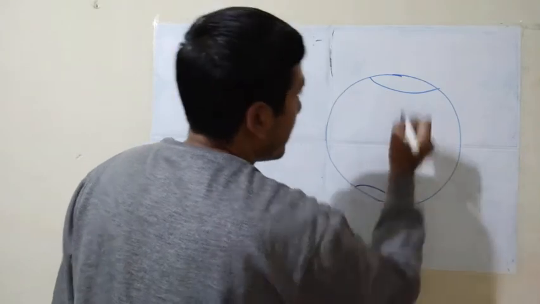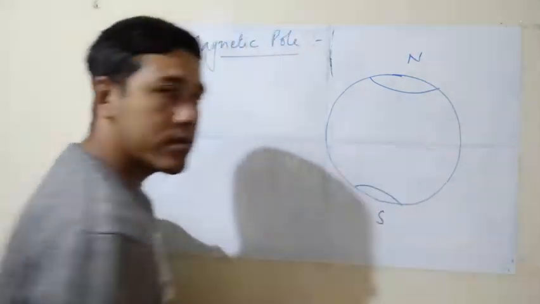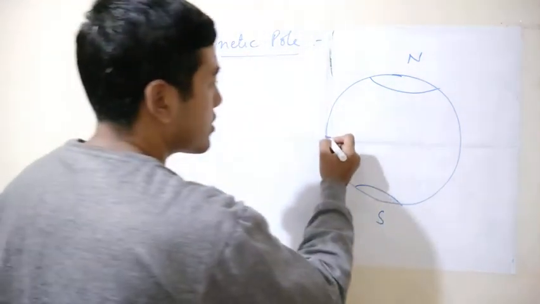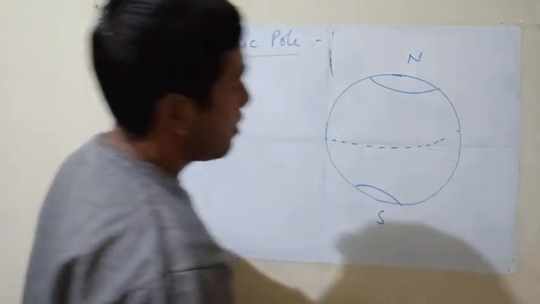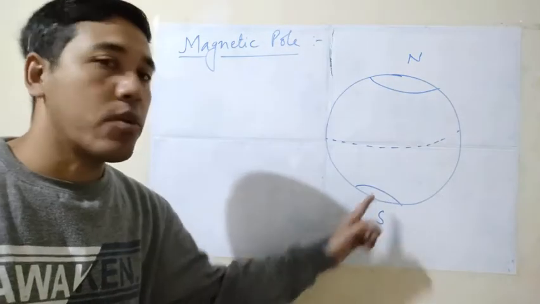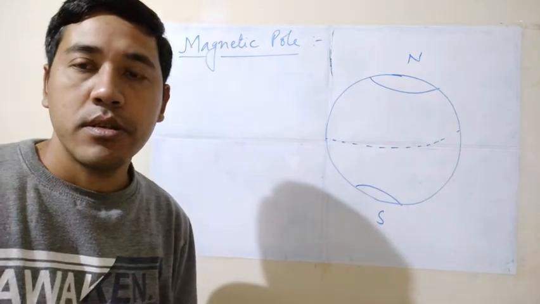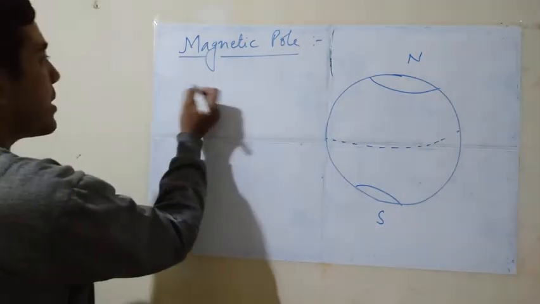This one is the north pole and this one is the south pole. This is the equator. Now, how many poles does the earth have? Two poles, north pole and south pole. Clear? Right.